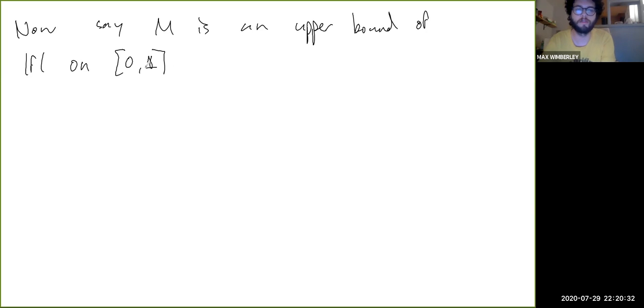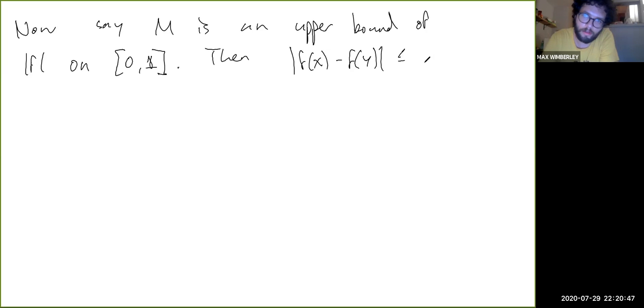If f is continuous on a closed interval, it's automatically bounded. So let's just say M is any upper bound on the absolute value of f. Then the absolute value of f(x) minus f(y) is less than or equal to 2M for all x and y in [0, 1].